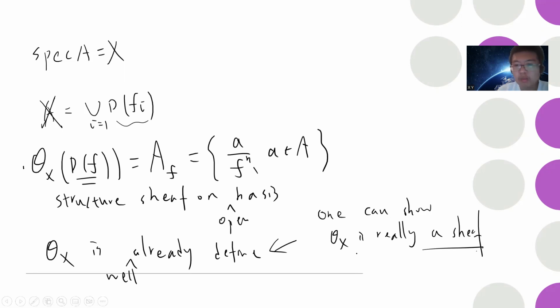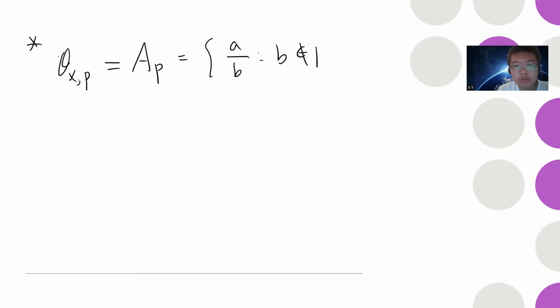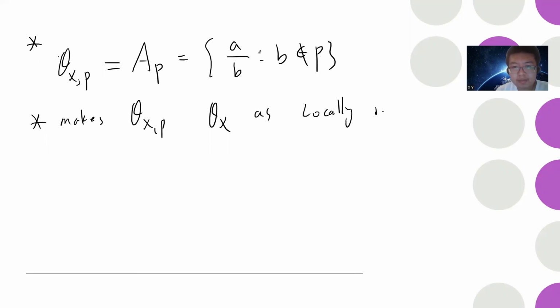Okay, but one definition, and I also say that if you go to the stalks for each prime ideal, this is exactly A_p. A_p is basically a divided by b, where b does not belong to the prime ideal. So if this is true, then this makes O_X not just a ringed space, but a locally ringed space.